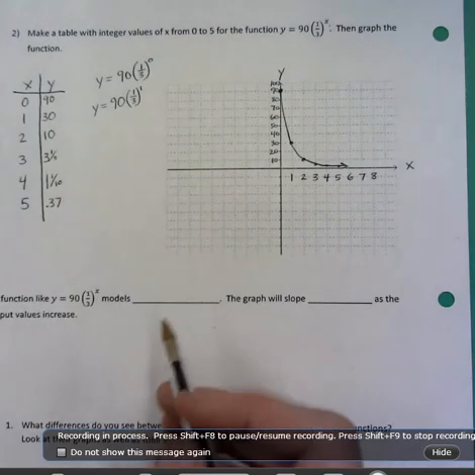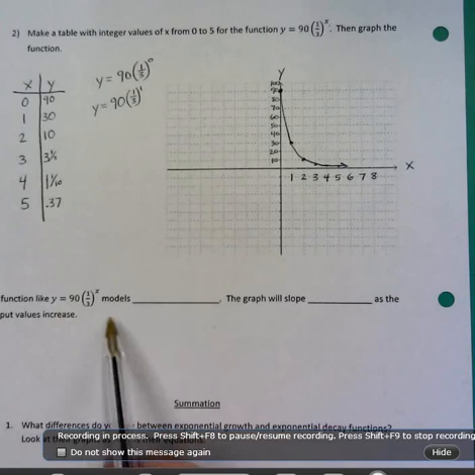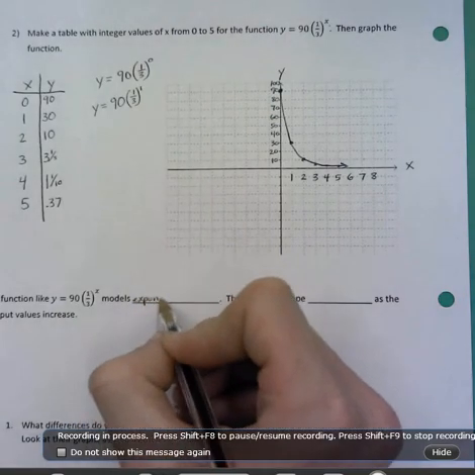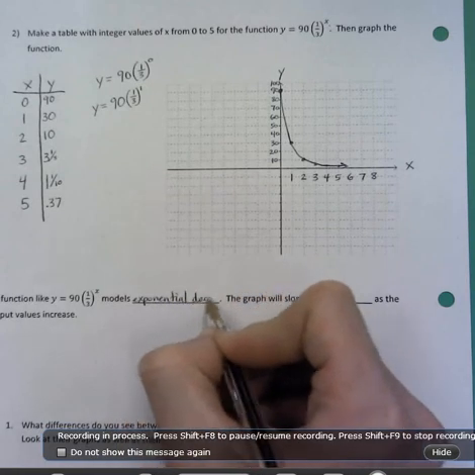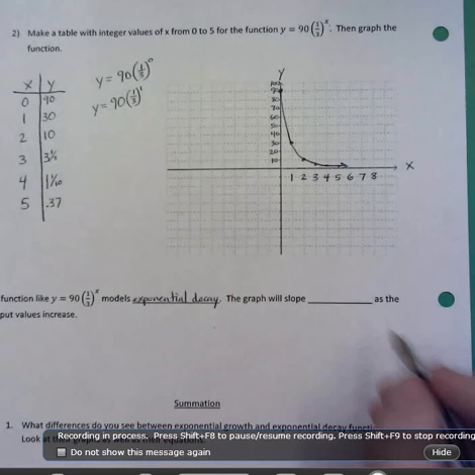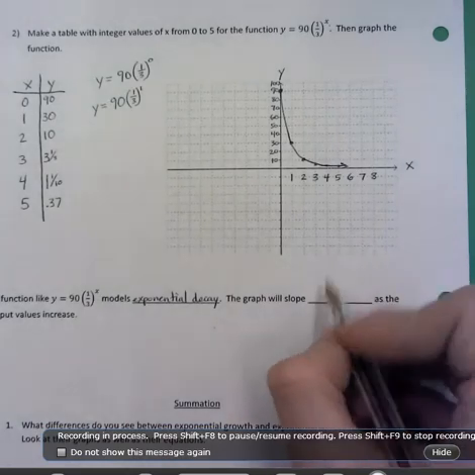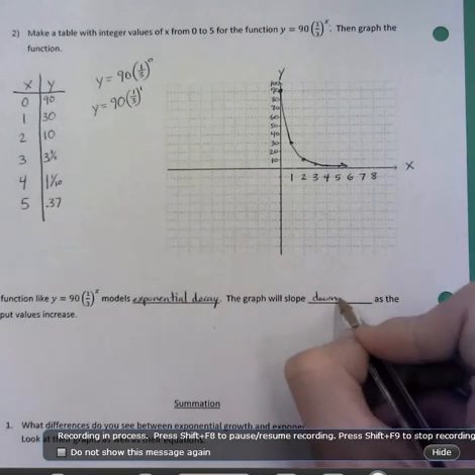So if you come to the bottom here, it says a function like what we have there models, and you probably already know, exponential decay. And the graph will slope downwards as the input values increase.